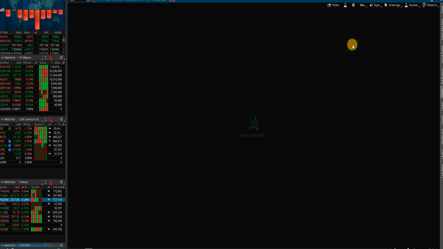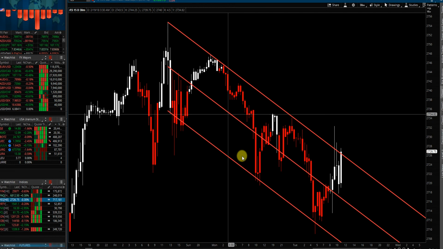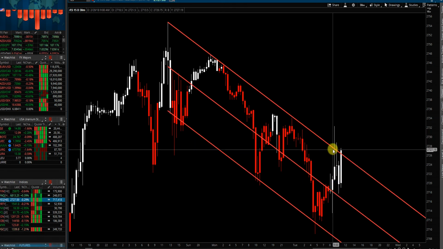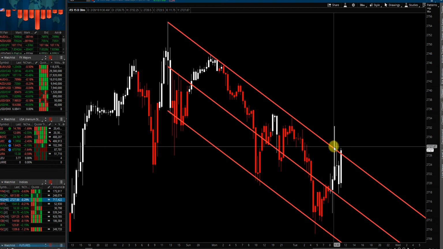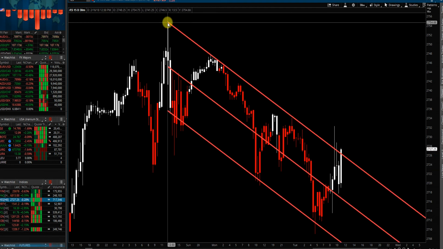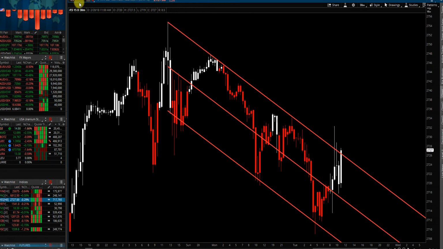I like looking at the 30, and you can see that we're kind of in this channel here. In the open, look, they tried to flush, they tried to squeeze the bears, and they couldn't. But it's still early in the game; they probably could still do it, and maybe retest that high of 27.54.